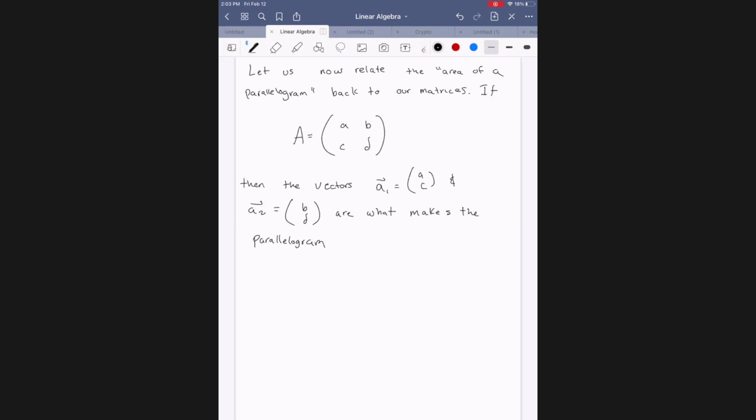So this is what the vectors are for the matrix. So let's just state a result, and we'll finish up this little thing here.